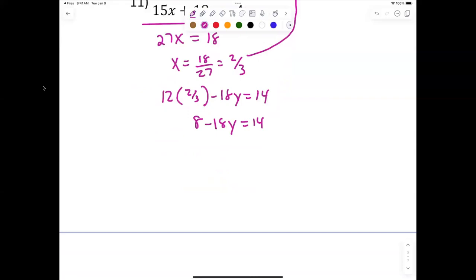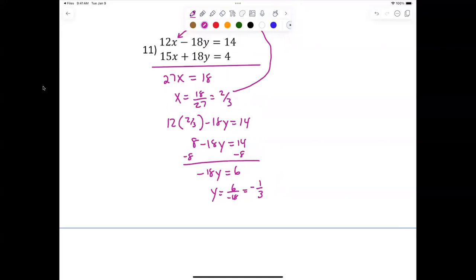Now what? Subtract 8. So negative 18y equals 6. Y equals 6 over negative 18, which is the same as negative, I'm thinking 6 goes into 18 3 times, negative 1/3. Do we agree with that?